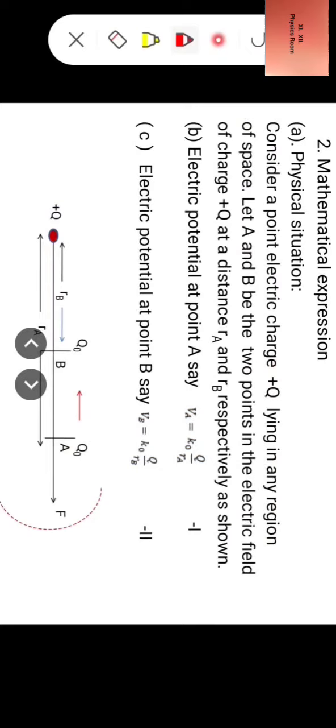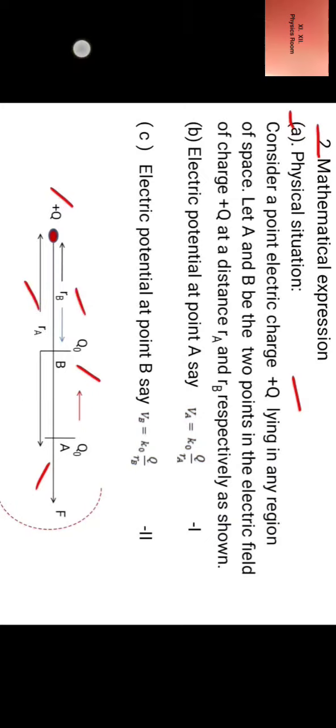And now mathematical expression. A. Physical situation. Consider a point electric charge plus Q lying in any region of space. Let A and B be the 2 points in the electric field of charge plus Q at a distance RA and RB respectively, as shown in diagram.